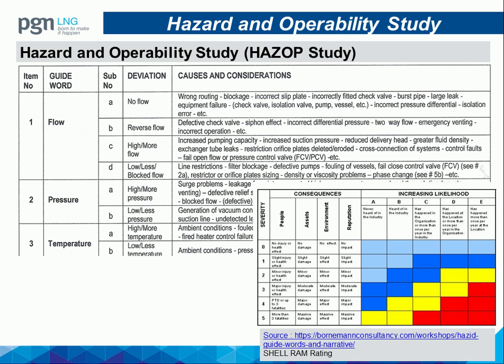So if I say the RAM rating is 5E on the people, basically there would be more than 3 fatalities because of the safety case, and it has happened more than once per year at the location. This is unlikely to happen. Normally we will see a 5A or 5B RAM rating for the high or the major RAM rating case.